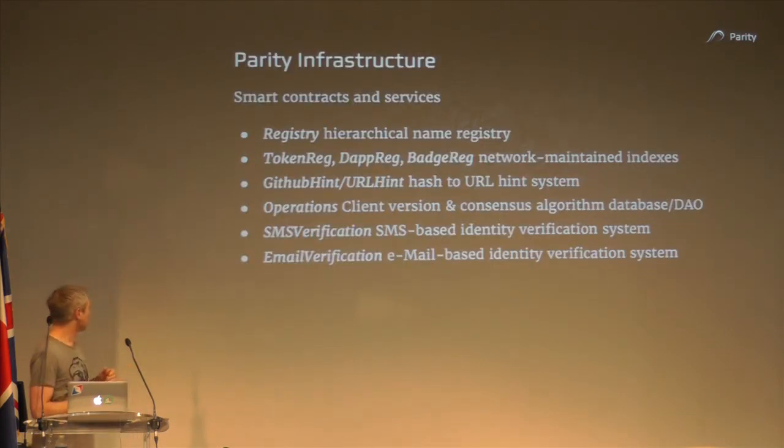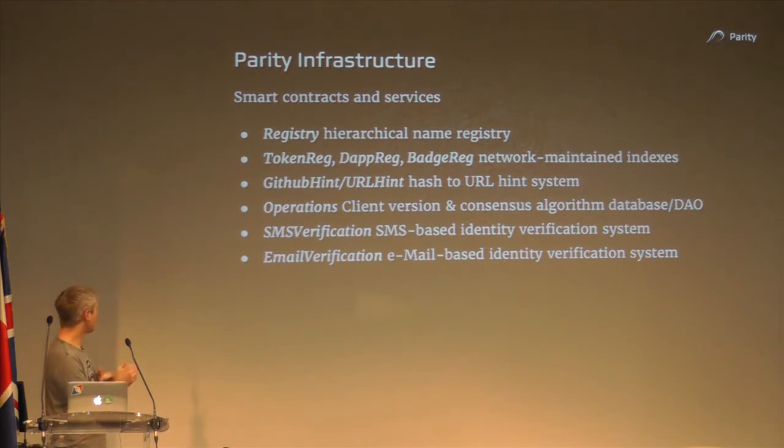We've been building a bit of infrastructure as well. We've been keeping not massively loud, we're just getting along and prototyping some stuff. We've got a name registry that's been active for a while. We've got a bunch of other sub-registries for registering tokens, dApps, and badges or certifications. These are all built into the UI.